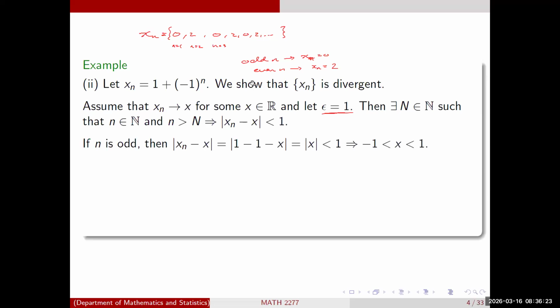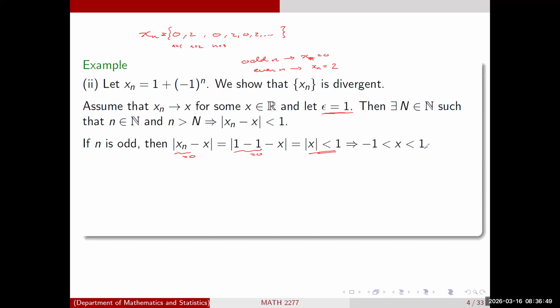Okay, but we have two cases. If n is odd, then I know that my terms are all 0. Okay, if n is odd, then this term here is 0, right? So that's what they're working out here. This is 0. So I get modulus x must be less than 1. And of course, you all know what this means.